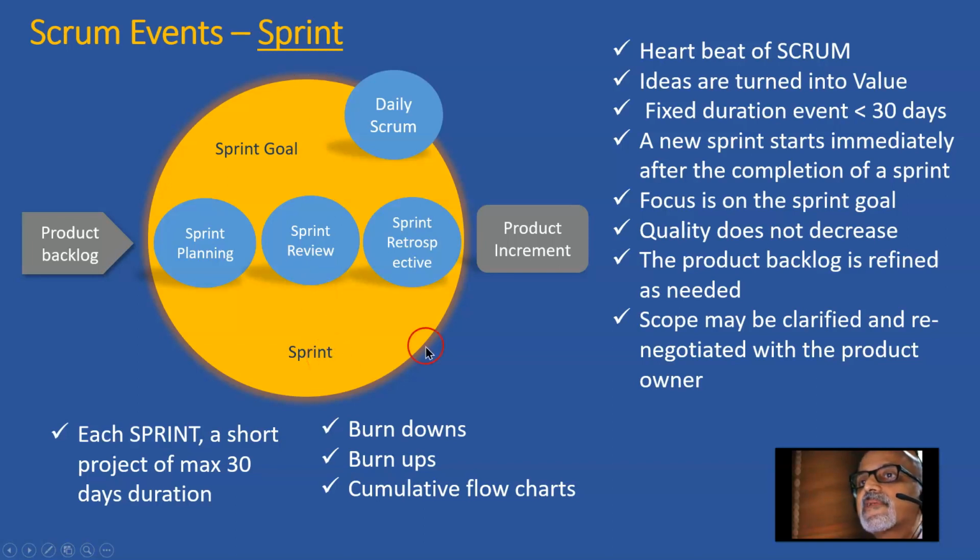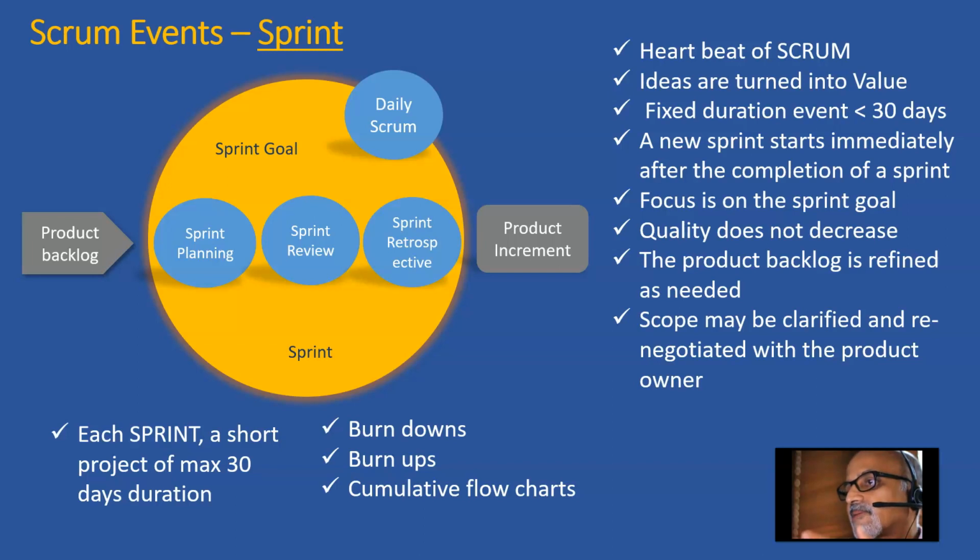Sprint is considered the heartbeat of Scrum. Within the sprint, ideas are turned into value. Fixed duration event, less than 30 days. So a sprint cannot be more than 30 days duration.